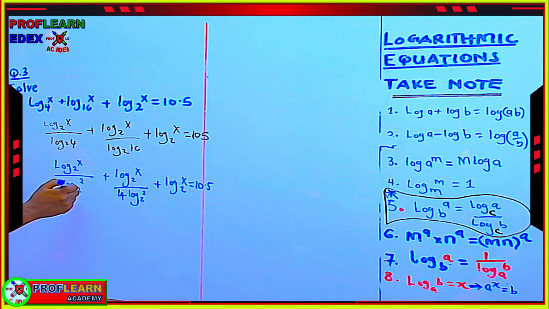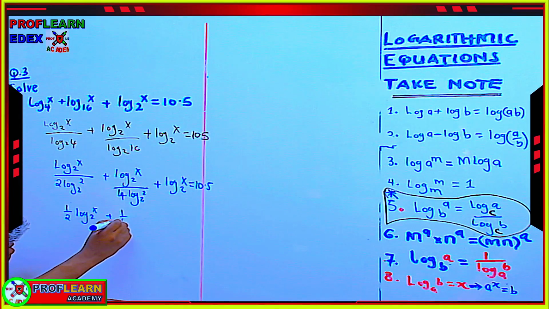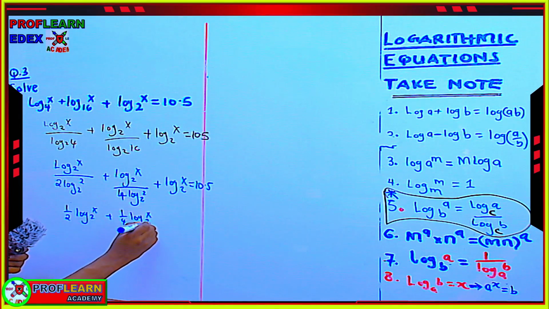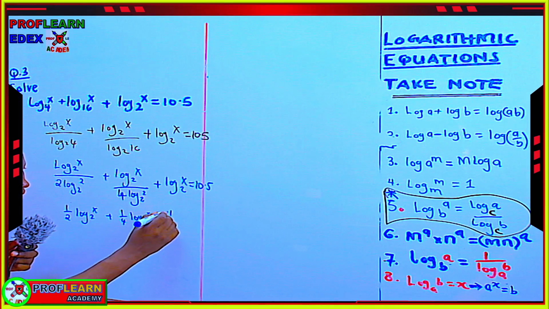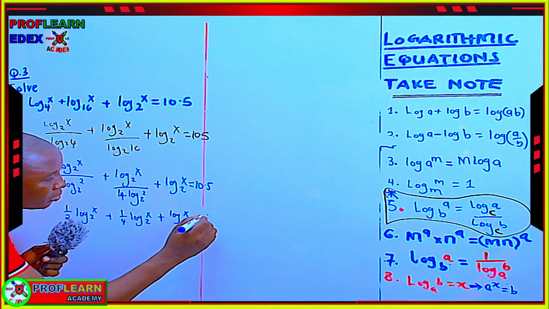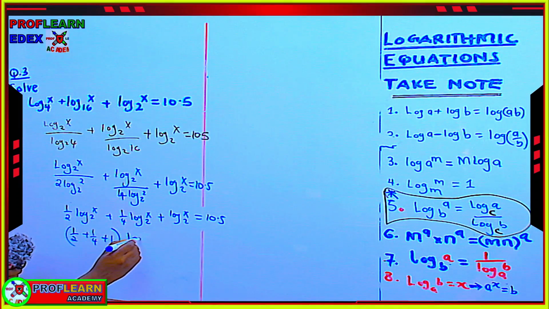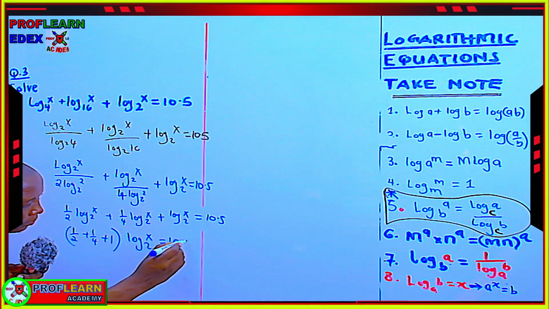This will be 1, this will be 1, and we end up with the expression 1 over 2 log x base 2 plus 1 over 4 log x base 2 plus log x base 2 is equal to 10.5. If you simplify, we have 1 over 2 plus 1 over 4 plus 1, times log x base 2, is equal to 10.5.